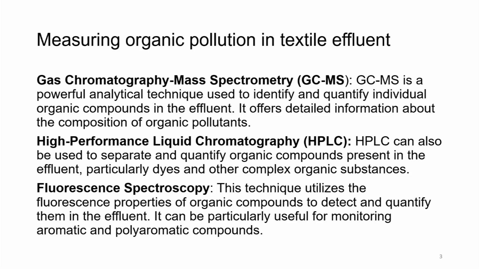It can be particularly useful for monitoring aromatic and polyaromatic compounds. So, GCMS, HPLC, fluorescence spectroscopy, these are all very specialized techniques which are used for measuring the organic pollutants in the textile effluent.